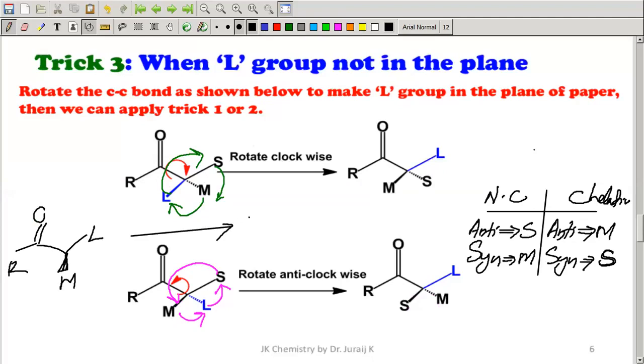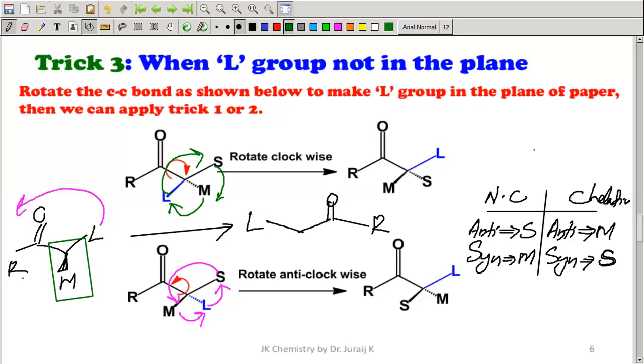So if your option shows alignment like this, that means you want to do an end-over rotation. Here you want to perform end-over rotation. How will you do it? End-over rotation means you are rotating like this. L group here, R group here. You be careful that there is a change in this position.